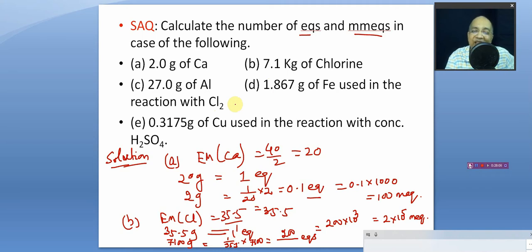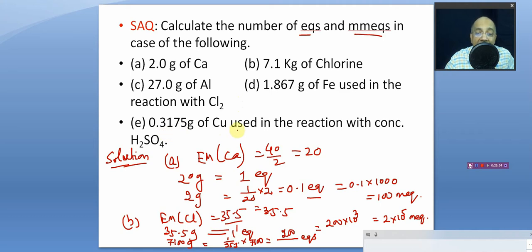So the change in oxidation number is 3. Here the equivalent mass of iron is 18.67, 56 by 3. That you have to take. So if 18.67 gram in this reaction is 1 equivalent, then 1.867 gram is how many equivalents? You can do that.